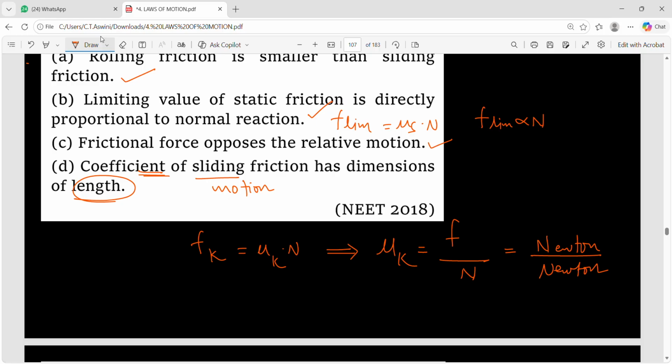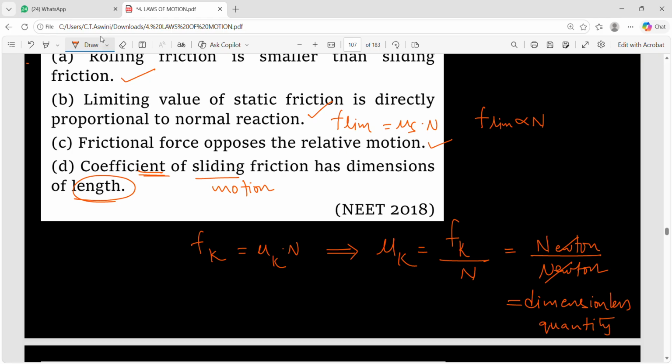So you take any coefficient of friction, let it be kinetic friction or let it be the coefficient of static friction. It is always the ratio of frictional force to normal reaction. That means it's a ratio of same physical quantities. So they will have the same units. So after cancellation, there is no unit at all. So it is basically a dimensionless quantity.